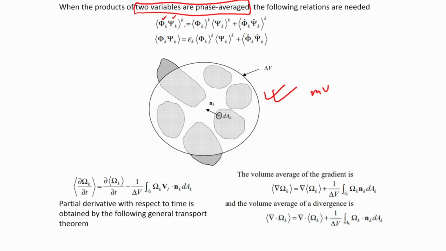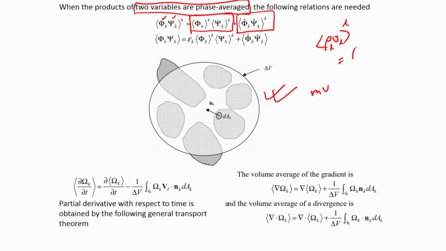Intrinsic phase averaging is given by the product of the individual intrinsic phase averages plus whatever is the dispersion or the deviation, average of that. Got it? It is very similar to those kind of methodologies, that if you take rho and V, say for example, if you average them, rho L, V L, averaged over the, say, the liquid.